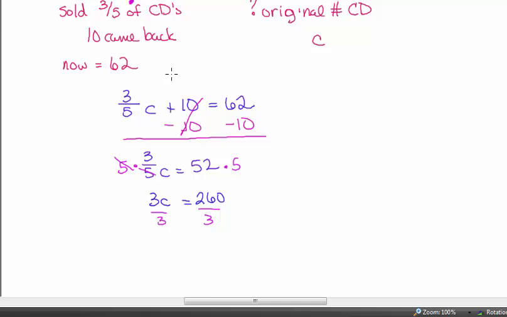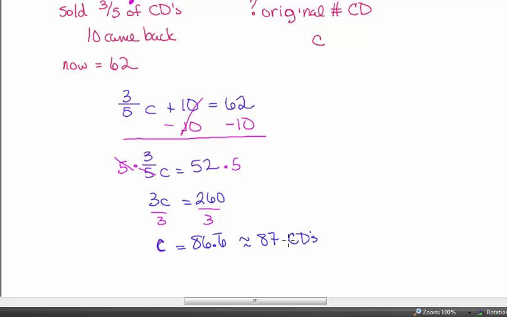That's giving me a not even answer. I just want to make sure I wrote down the questions from the problems correctly. Hold on. Okay, I did write the problem down correctly. Looking back in the book, the answer that they gave me would have been for 2/5 of the CDs. So I think there was a typo in there somewhere. But when I divide, I'm going to get 86.6 repeating.